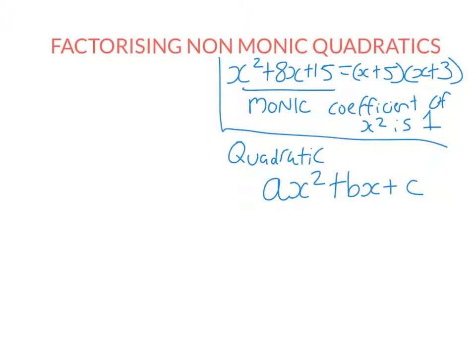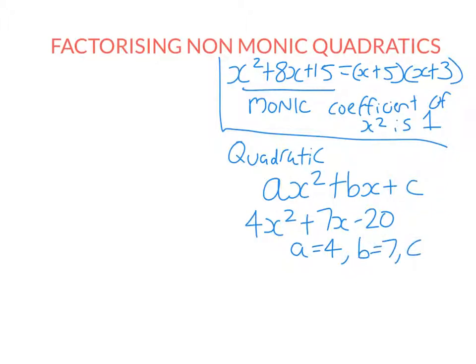So A is just the number in front of x squared, B is the number in front of x, and C is the number by itself. So, for example, if I have 4x squared plus 7x minus 20 here, A would be 4 because that's the number in front of x squared, B would be 7, and C wouldn't be 20, it would be negative 20. Okay? So it's important that we know how to do these.